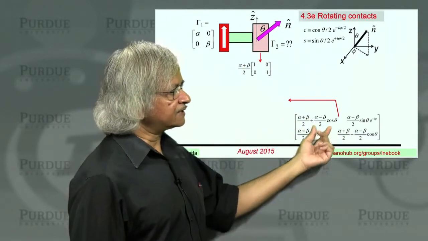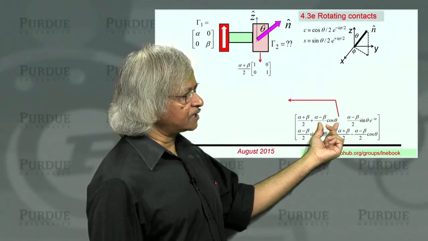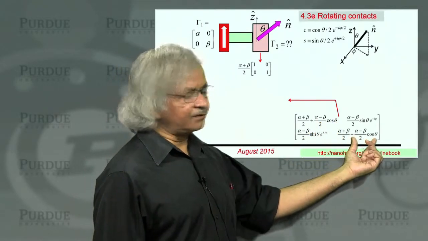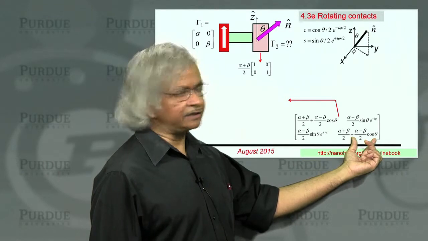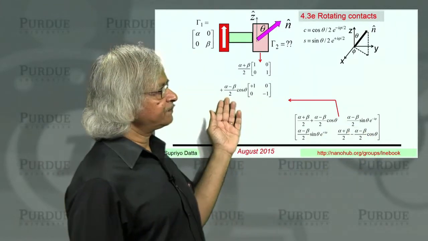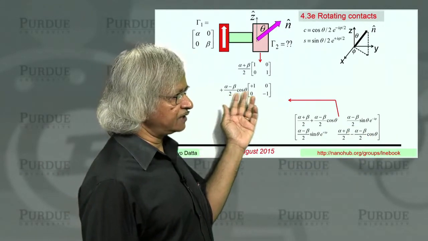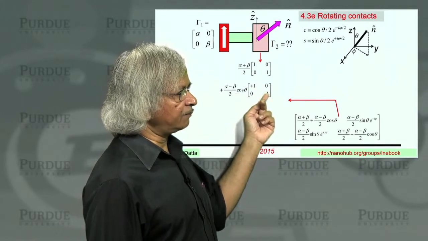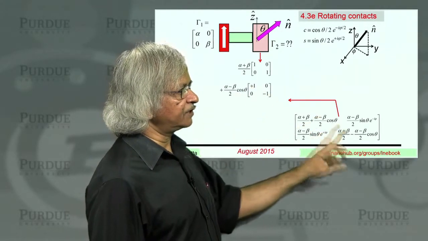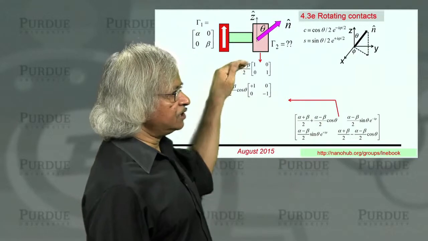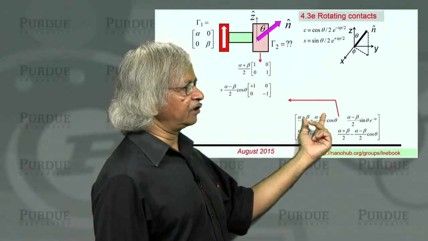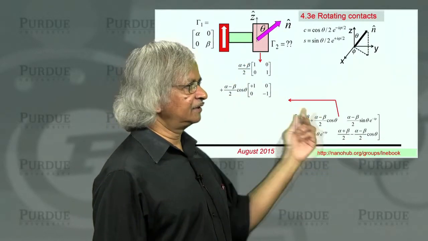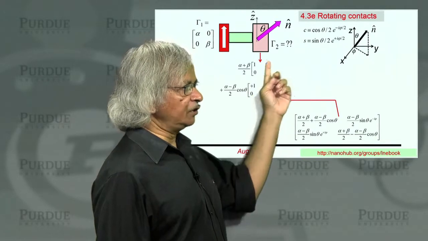Next, you note there's an alpha minus beta over 2 cosine theta and a minus alpha minus beta over 2 cosine theta. So that I could write as alpha minus beta over 2 cosine theta and then plus 1 and minus 1. Plus 1 for this, minus 1 with this. So these two added together then take care of the diagonal elements. The off diagonal is still 0.